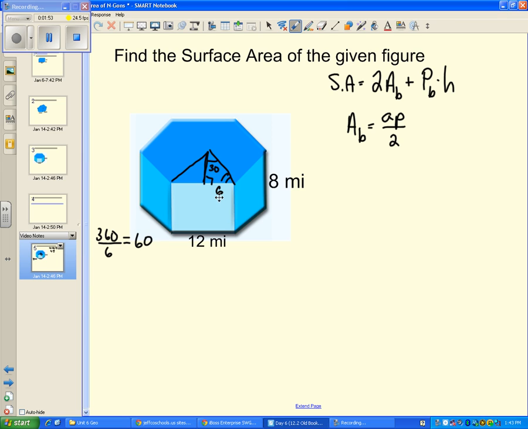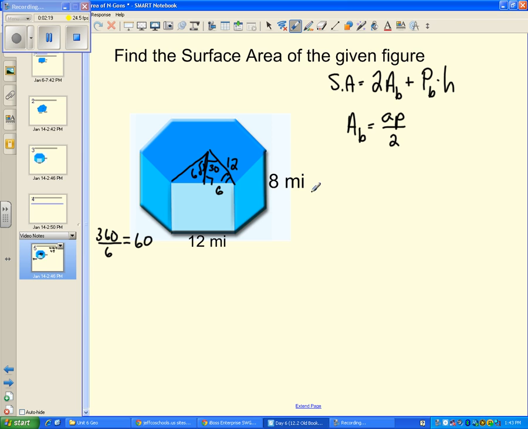If we double that, we will get the radius, which is 12, and then if we take that times root 3, we would end up with the height, the apothem in this case, which is going to be 6 root 3. So we could have done trig if we wanted to find that length for the apothem, but since it's 30 degrees, we can go ahead and use our special right triangles to find the apothem.